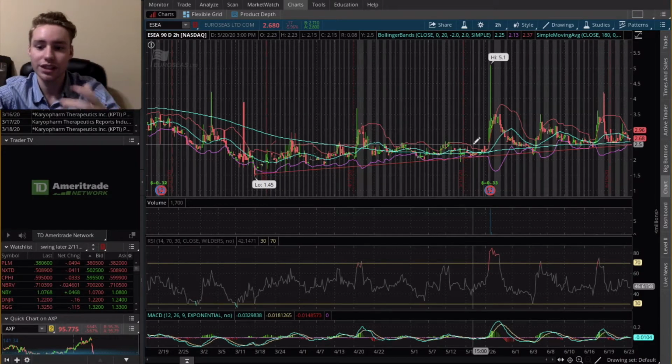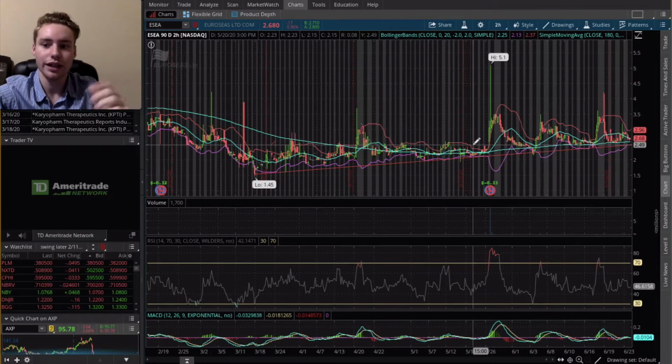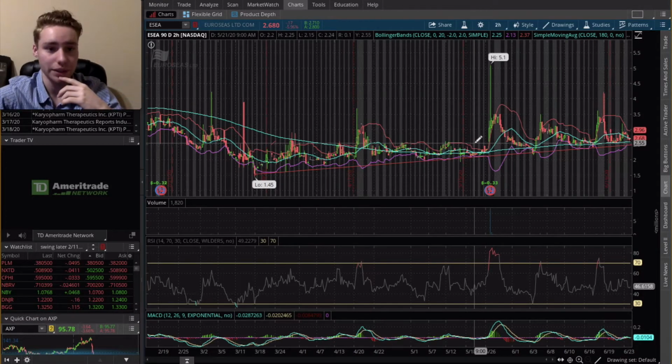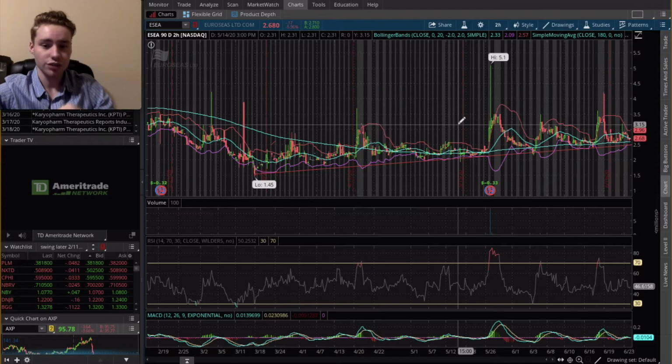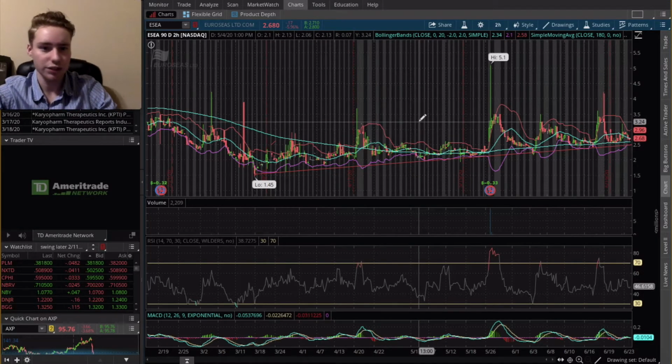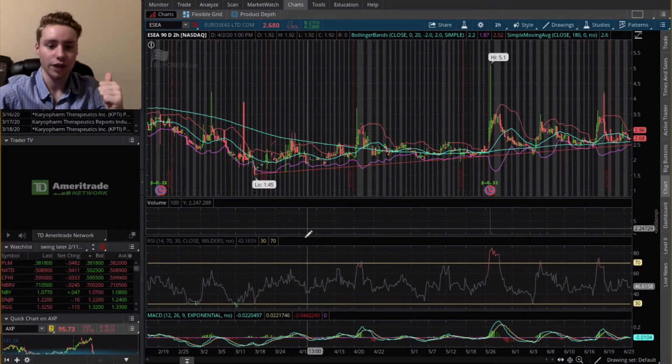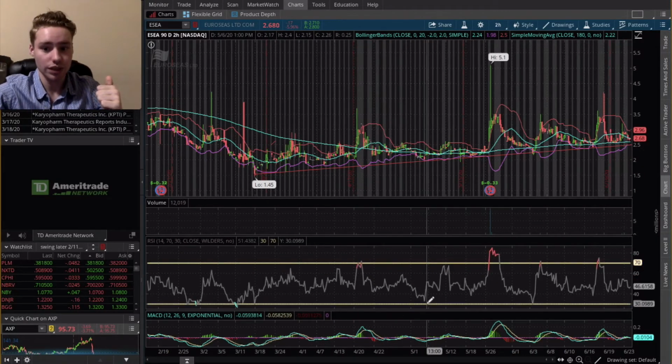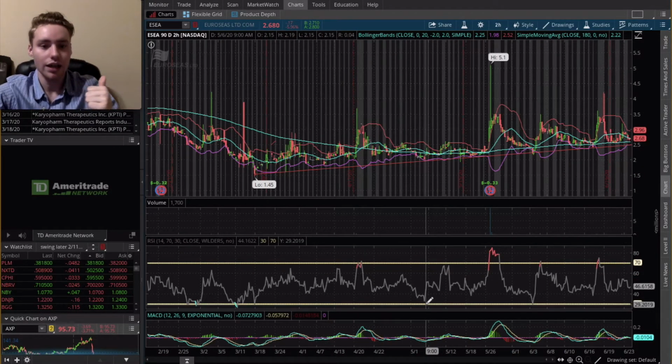So if you can see that and anticipate that, then you can have a much higher probability of making winning trades. So again, just to recap, the RSI is just an indicator that formats the price action in a different way, so you can see it through a different lens. It is essentially the measure of how overbought and how oversold a particular equity is, which can help you find deals.